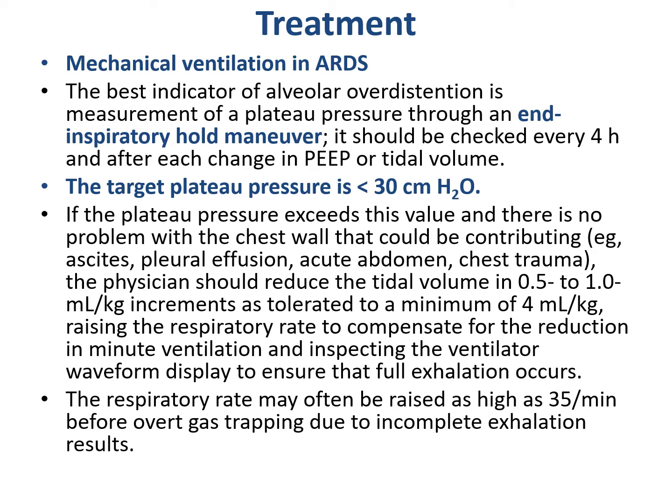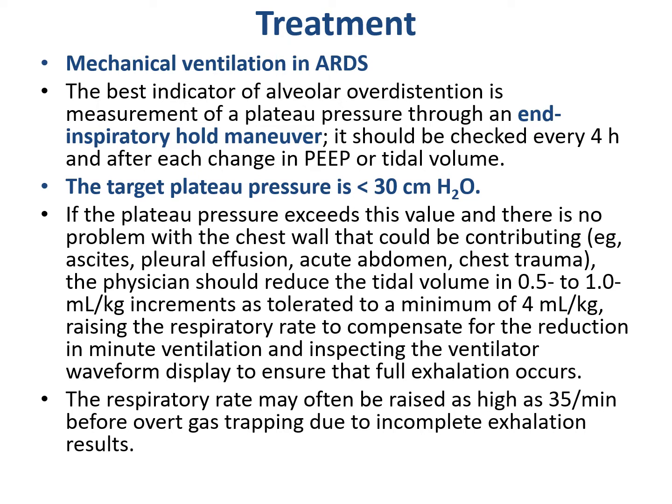The best indicator of alveolar overdistension is measurement of a plateau pressure through an end inspiratory hold maneuver. It should be checked every 4 hours and after each change in PEEP or tidal volume. The target plateau pressure is less than 30 centimeters of H2O.